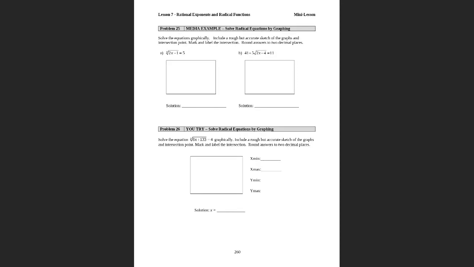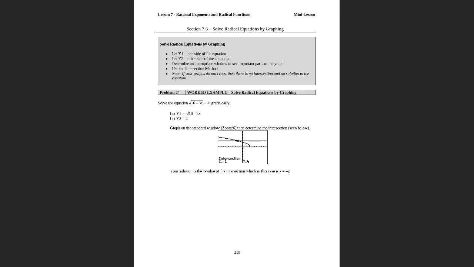Let's look at the problem one more time. All right, so we got the square root of 10 minus 3x equals 4.